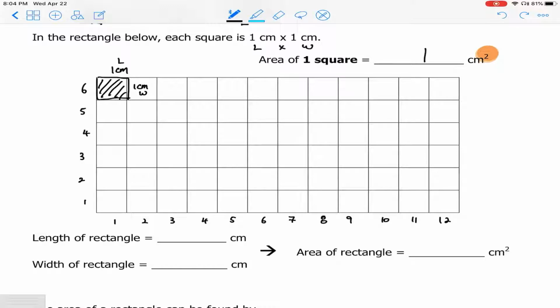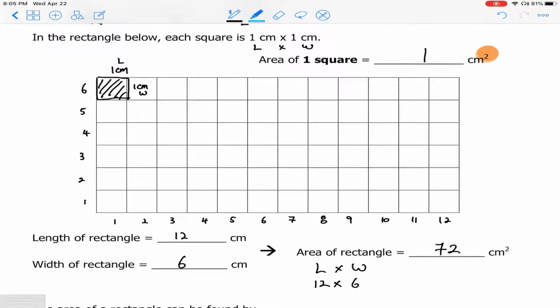I counted the squares on the length side and the width side, and that happens to be 12 centimeters for the length and the width happens to be 6. So the area, which is length times width, is 12 times 6. Using your calculator, it becomes 72.